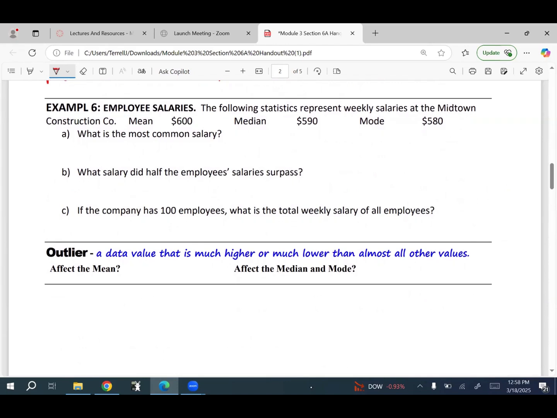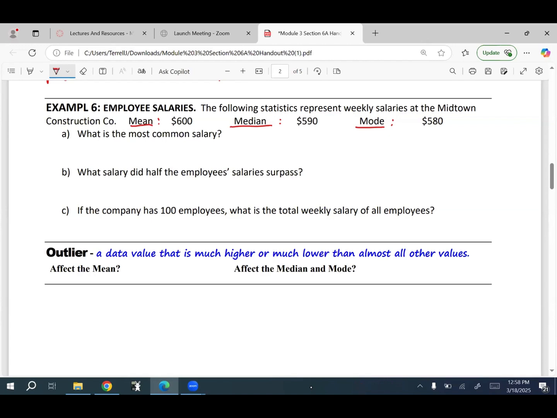Example 6. The following statistics represents weekly salaries at the Midtown Construction Company. So we have the mean is 600. These are people's salaries. The median is 590 and the mode is 580. We are being asked, what is the most common salary?